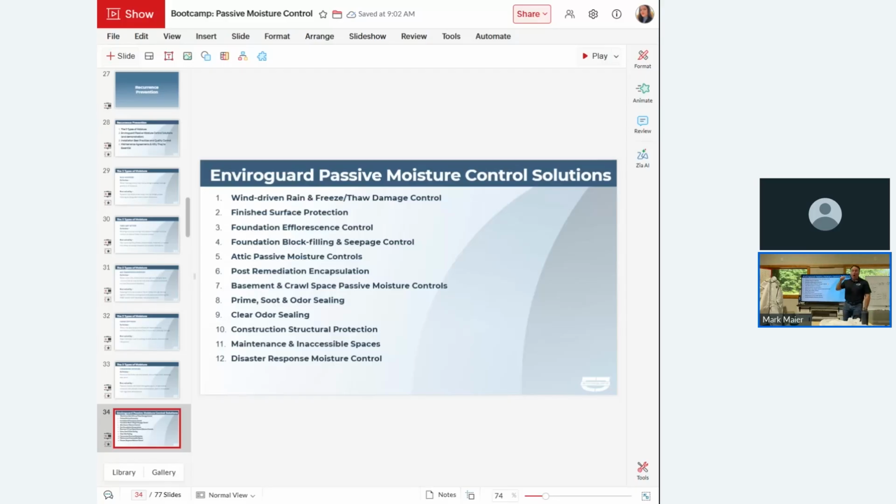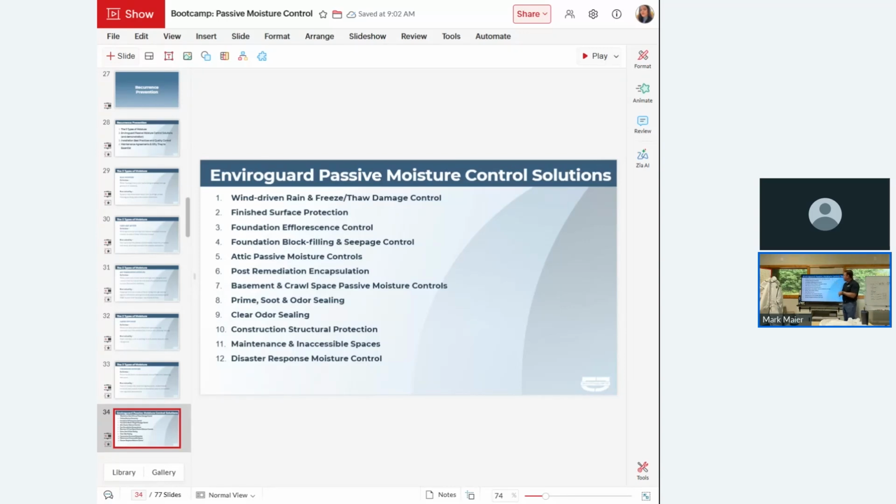But if you are in the Northeast, the Midwest, or someplace that you see a lot of freeze-thaw damage, then this is doubly going to help you so that you don't have expanding and contracting ice that begins to damage brick and mortar, stone and mortar, aggregates, all of these sorts of things.